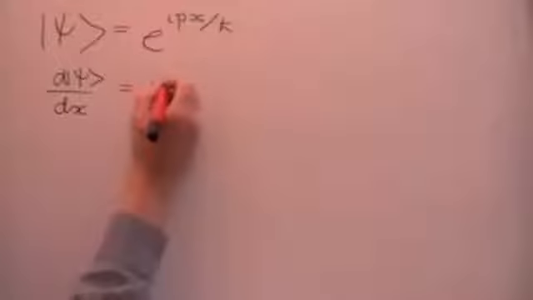So let's think, what is the differential of that wave function? D psi by dx is going to be, well, you just bring the ip over h bar down on the outside, and that is going to multiply by this term, which is simply psi. And now I'm going to multiply both sides by h bar over i. So I'm going to get h bar over i times d psi by dx.